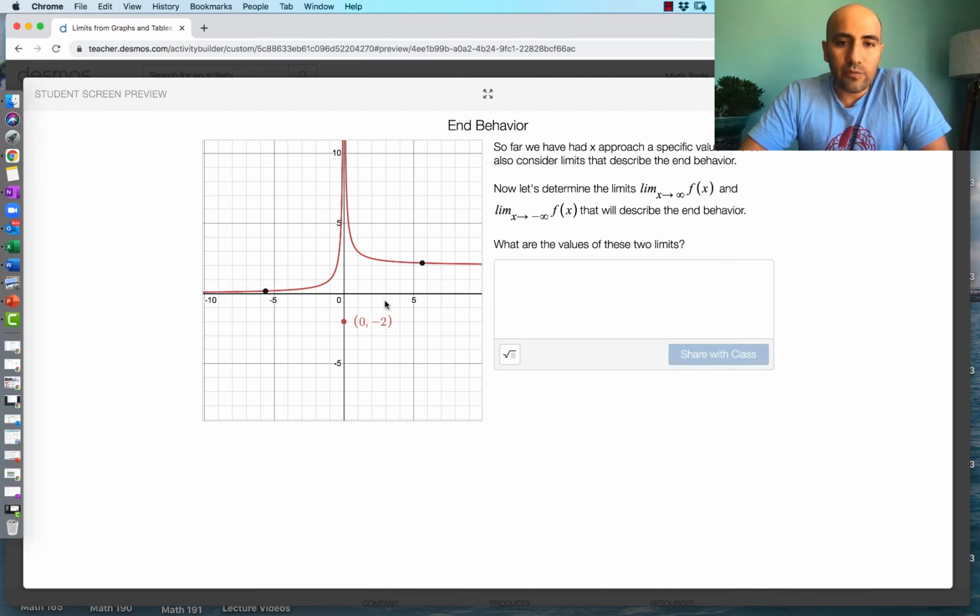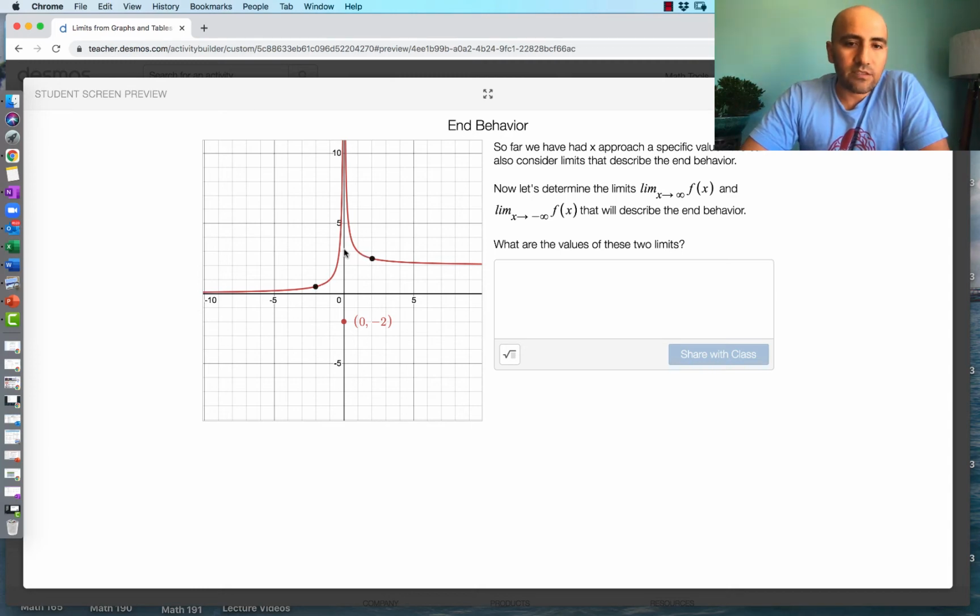And then the other thing we studied back in chapter 2 is cases where we're looking to see what happens to the function as x goes out to positive or negative infinity. So this time we're considering the outputs of our function as x grows toward positive infinity, or the outputs of our function as x goes toward negative infinity.